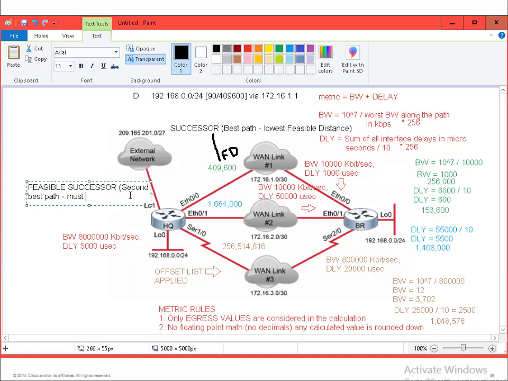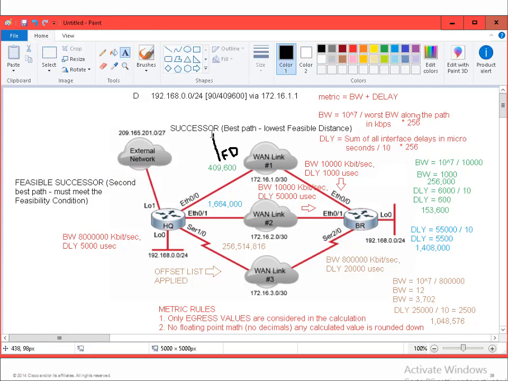So it must meet the feasibility condition. We'll talk about what that feasibility condition is, but in this particular case, this path definitely meets that feasibility condition because of the way that it's calculated.